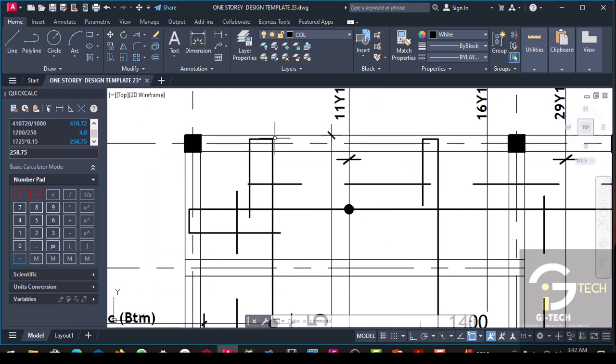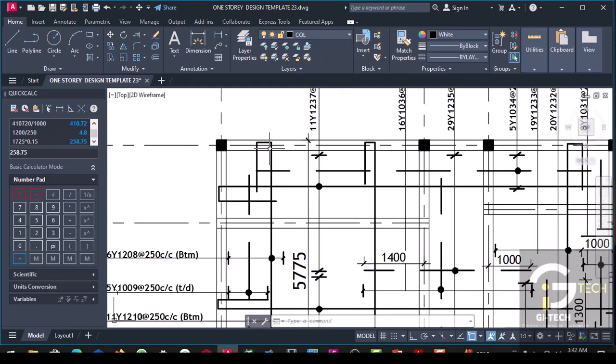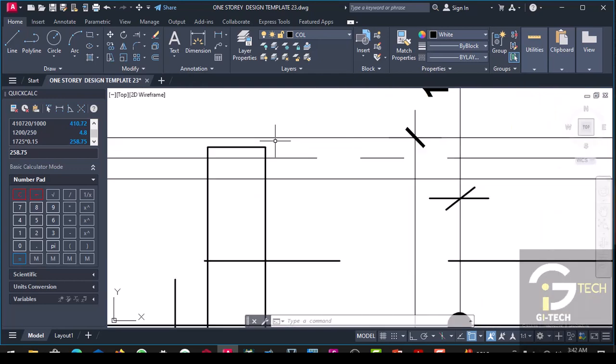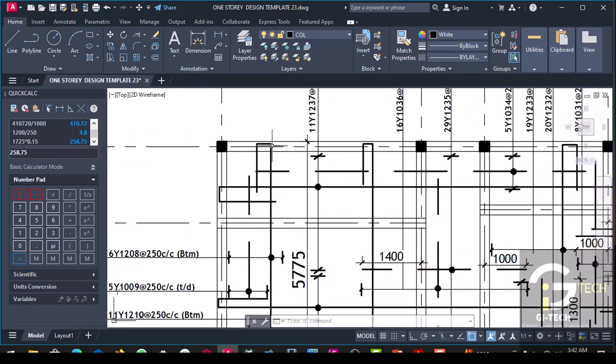So for the beam we adopted 25. For the slab we adopted 20. If you can go back to the slab design, you see that we adopted 20 mm cover.